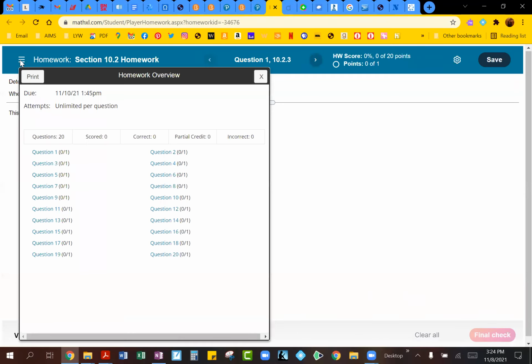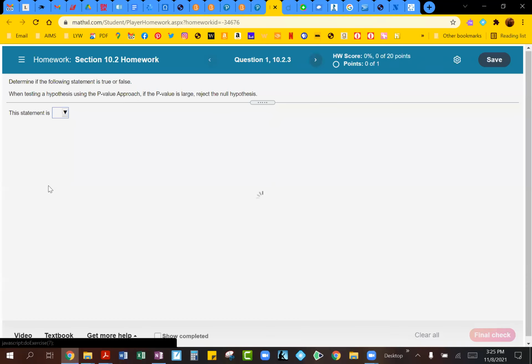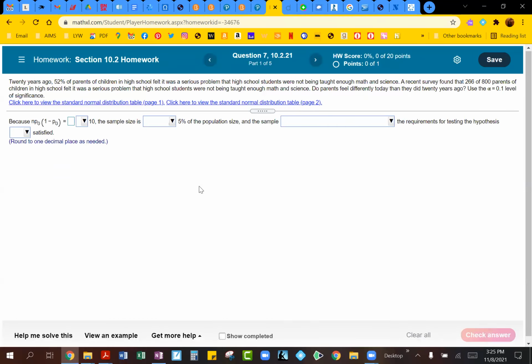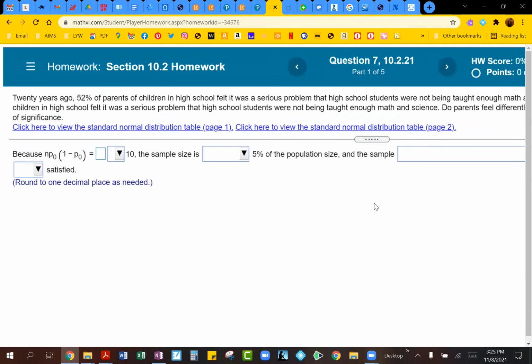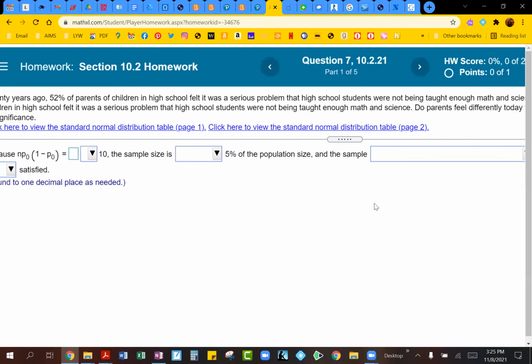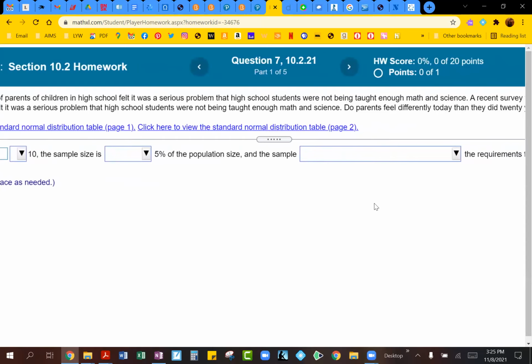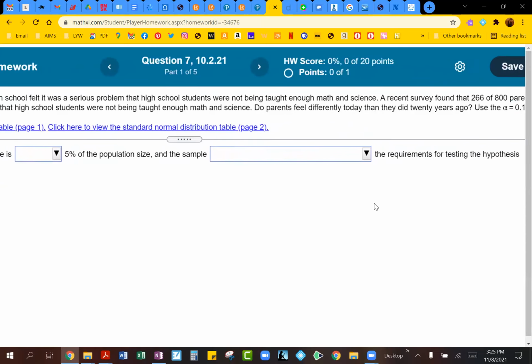So this one over here is 10.2, and I was trying to find one that had multiple parts to it so we could walk through the different parts. I'll make this a little bit bigger so we can read the problem, and then I'll collapse it back down. So they're saying 20 years ago, 52% of parents of children in high school felt that it was a serious problem that high school students were not being taught enough math and science.